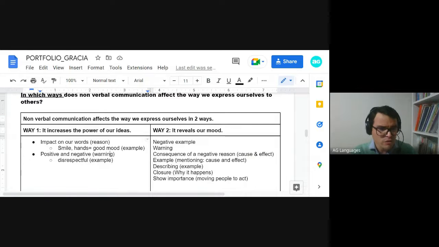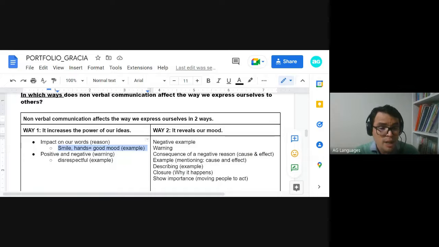For example, in the first paragraph, this is what the student is saying, okay? She's saying that nonverbal communication increases the power of your ideas. How? It has an impact on your words. That is the first reason. And you can see that when you smile, when you use your hands. Yeah, that's a positive example.